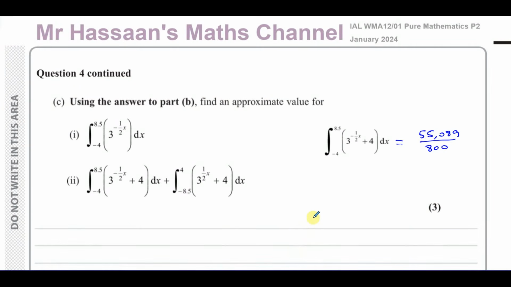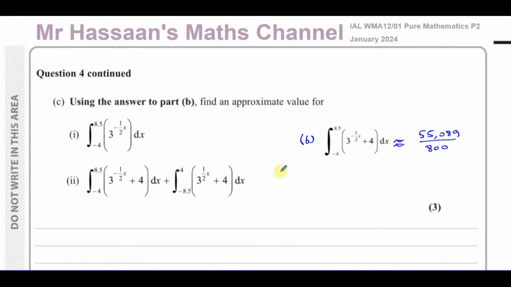Okay, now for part C. It says, using the answer to part B, find an approximate value for, and they've given you these 2 questions. Now here's the answer to part B. We found that this, using the trapezium rule, gave us an approximate value, which I've put in its more exact form.